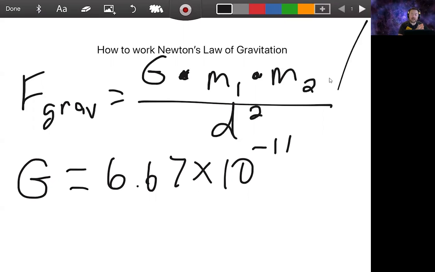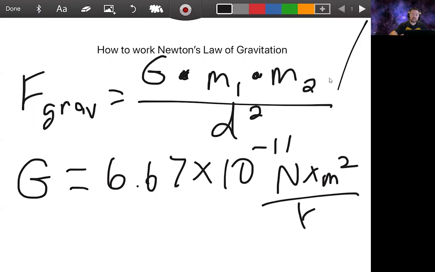If you look at the unit for the gravitational constant, you have newtons times meters squared over kilograms squared. We need to work things in kilograms, so bigger masses than an apple. But you multiply by that gravitational constant, it's going to reduce everything down. So we definitely need to have bigger objects to work with.